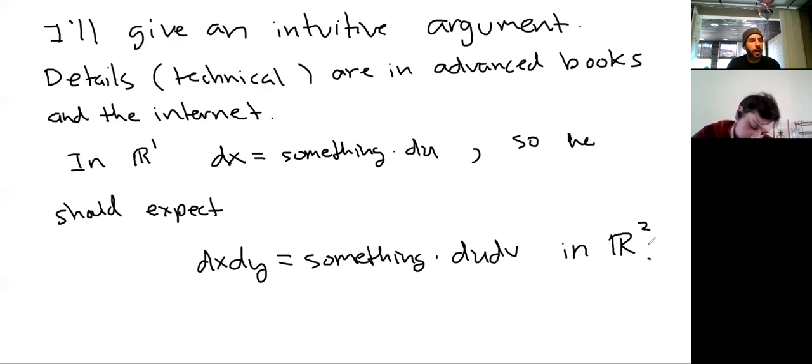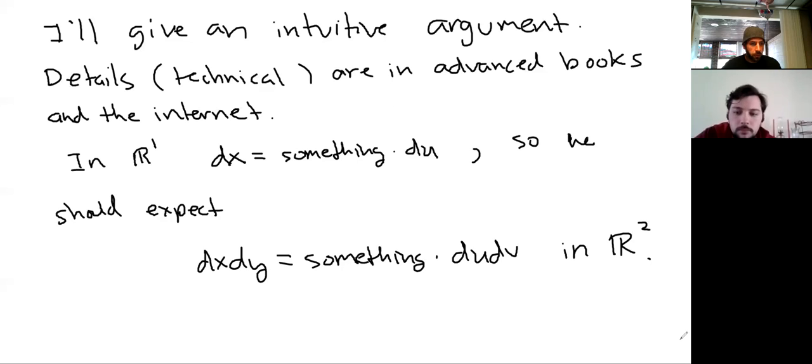And we already saw that with polar coordinates. What was that something? That something was r. Now, where did that something come from in Calc 1? It came from setting u to a new expression, and then when you took the derivative, that's where that something came in.